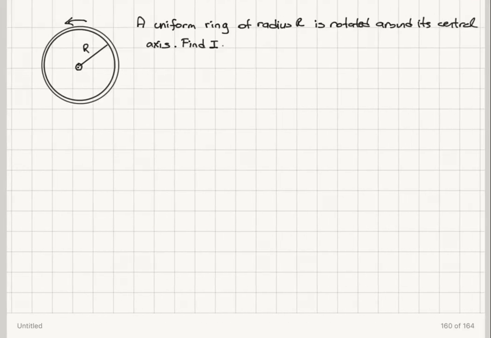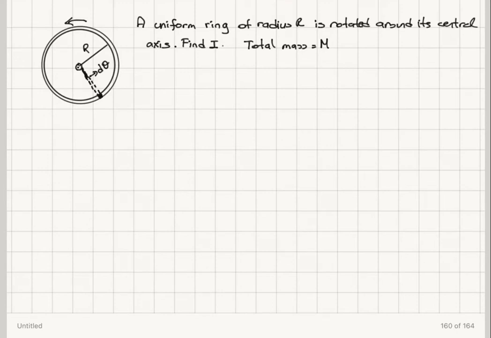Now I'm going to have a uniform ring of radius r rotated around its central axis, and again I call the total mass m here. Sorry, I forgot to give this. The same story, so I have to pick a mass element. I take a small element here at a very small angular separation d theta.